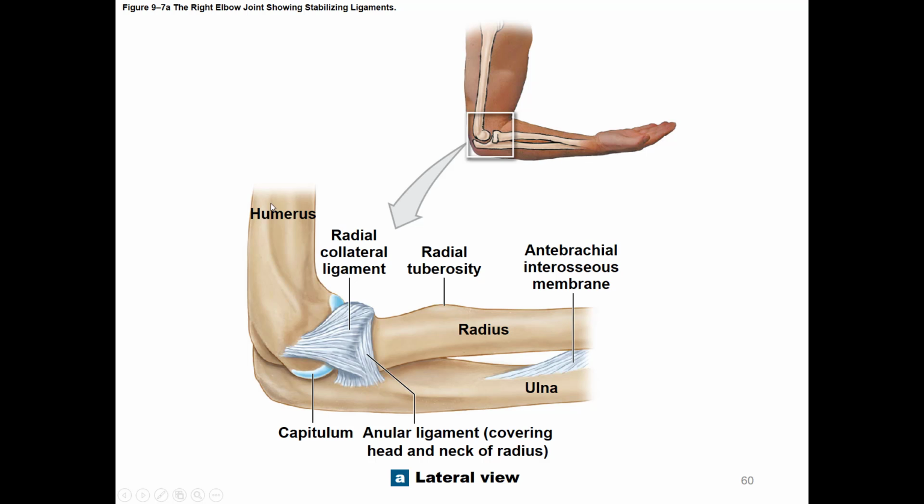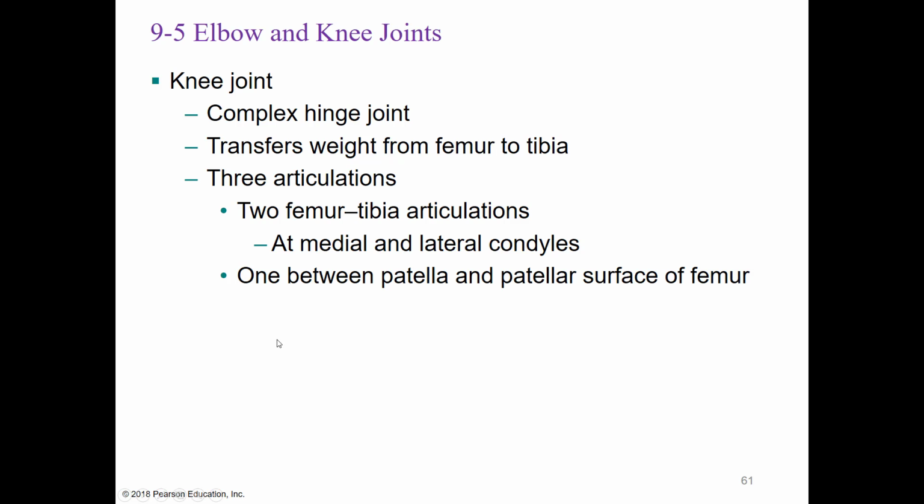So here's our humerus coming down, and then here's the connection with the humerus and the radius, and then the connection with the ulna and the radius. The knee joint is a complex hinge joint too, and its job is to transfer weight from the femur to the tibia, which is your shin area.